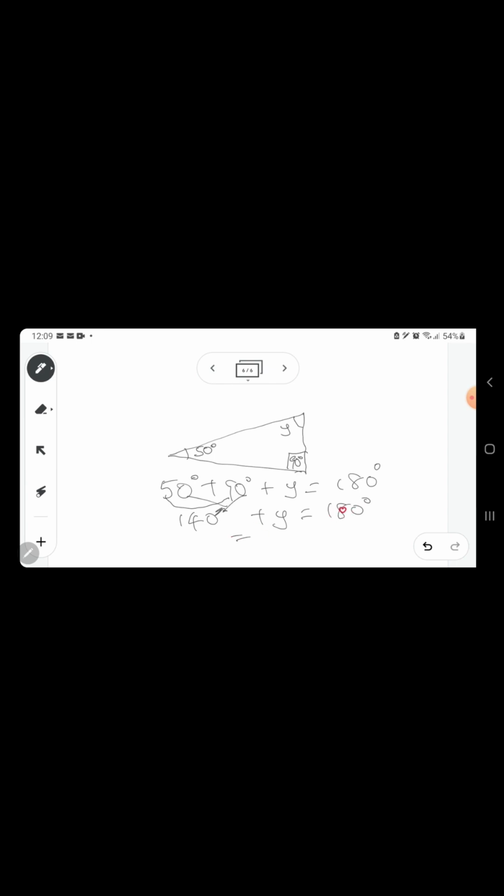Now we know 180 minus 140, I can work it out here so you can see, 140 degrees equals 40 degrees. So your answer, Y equals 40 degrees. So that's how to work out simple angles in a triangle questions.